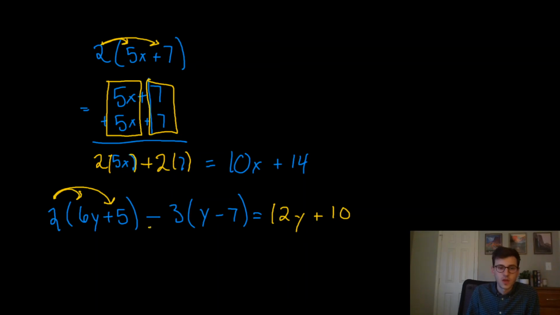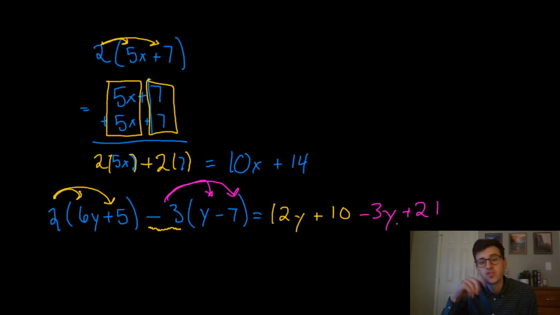It's minus 3. So I always, every year, have students who will just distribute the 3. But because it's minus 3, you need to distribute the whole term, the whole thing, minus 3. So minus 3 times y, maybe I can use a different color. Okay, so minus 3 times y is minus 3y, and negative 3 times negative 7 is plus 21.